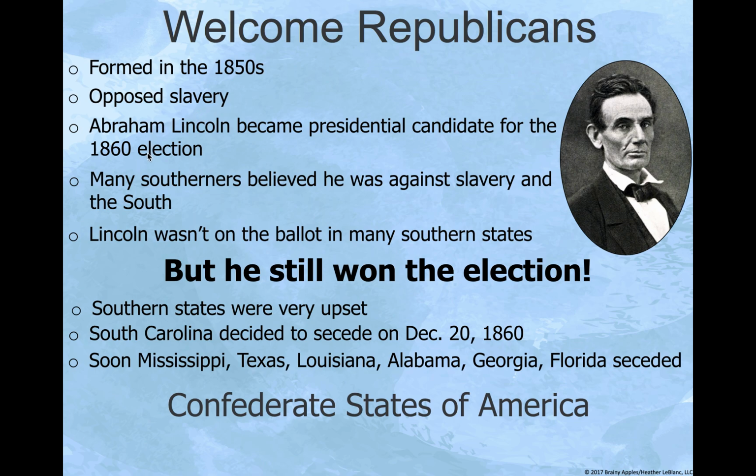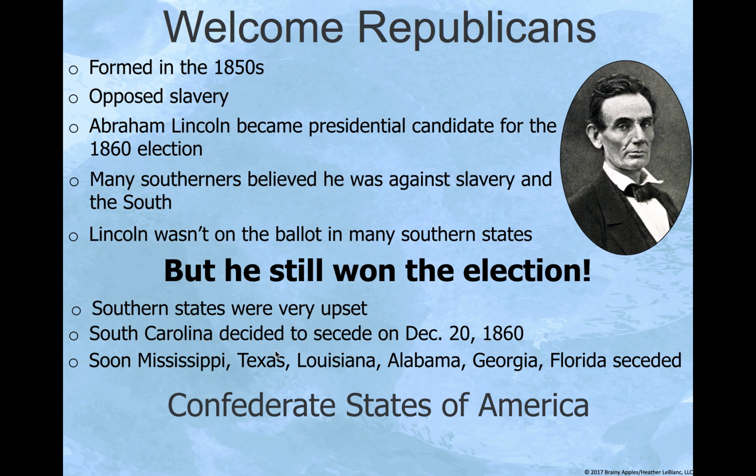So during the 1860 election, Abraham Lincoln became the presidential candidate for the Republicans. Many Southerners believed he was against slavery and the South. So nobody in the South wanted to vote for him. They didn't even have his name on the ballot in many Southern states, but despite that, he still won the election. And Southern states were very upset, obviously, right?